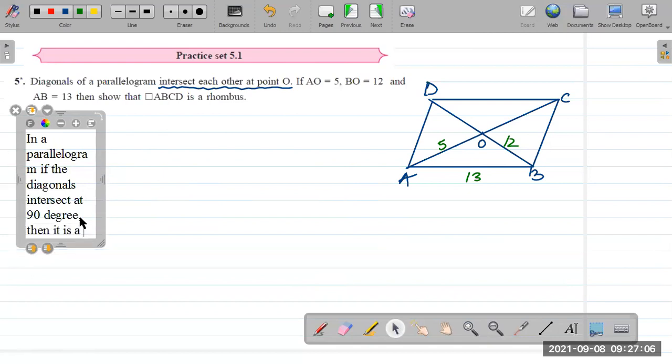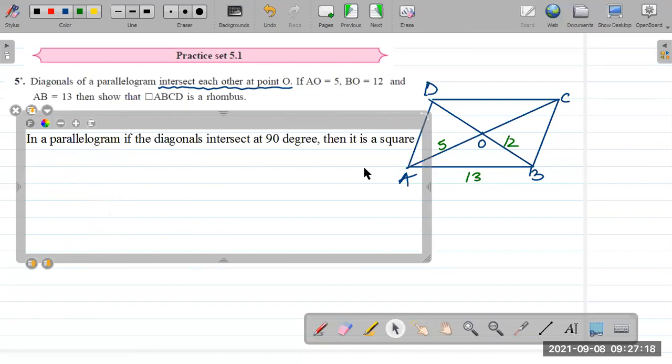Or rather I should say, for a quadrilateral, if the diagonals intersect at 90 degrees, then it is a square. So remember, this is another important property.